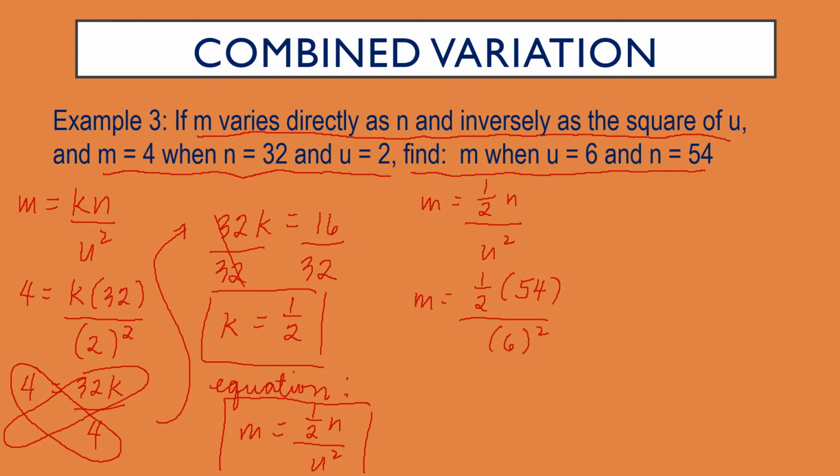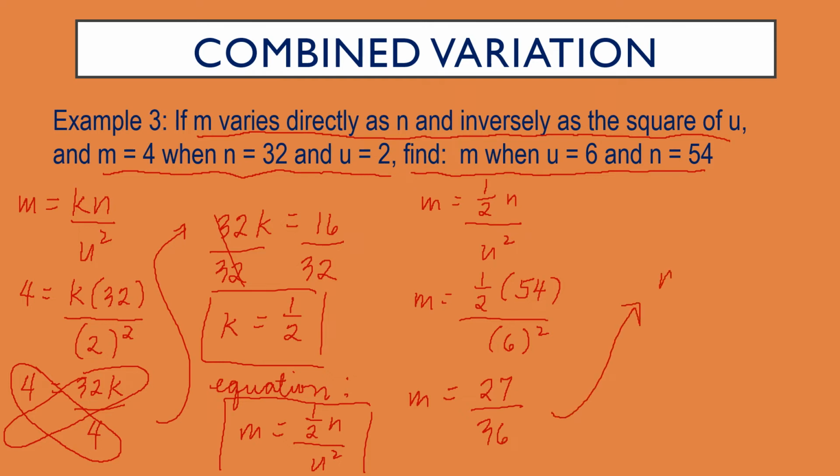So we have m is equal to 1/2 times 54 over 6 raised to the second power. Let us first simplify the numerator. 1/2 of 54, or 54 divided by 2, will give us 27. Over 6 squared. What is 6 raised to the second power? We have 36.